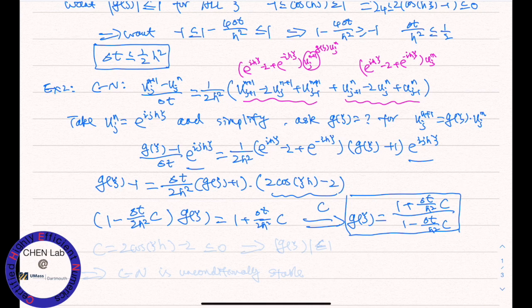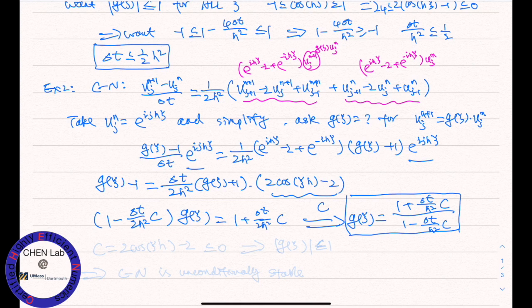But for a different example, if I give you a different scheme, you might have to plot it to visualize and analyze this. For this particular case, it's very simple, as with the forward Euler. Once you are here, we need to conclude what the condition is.